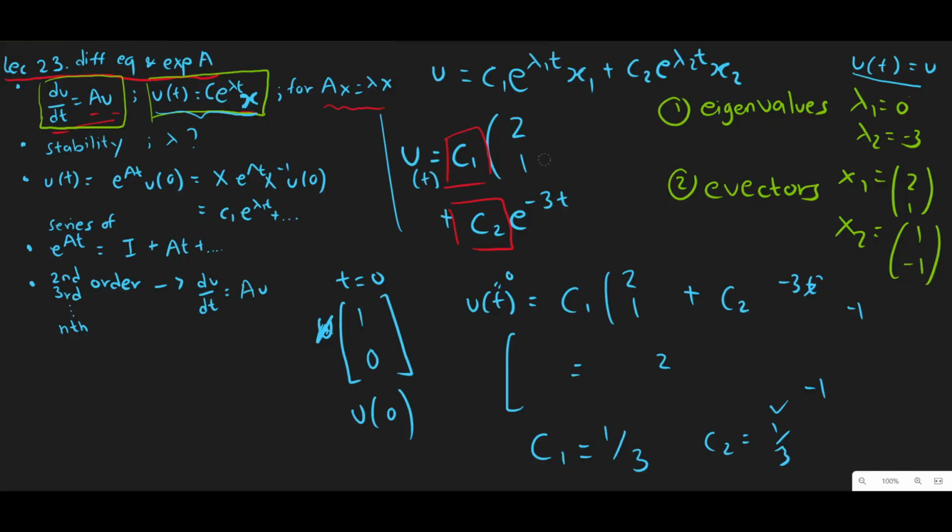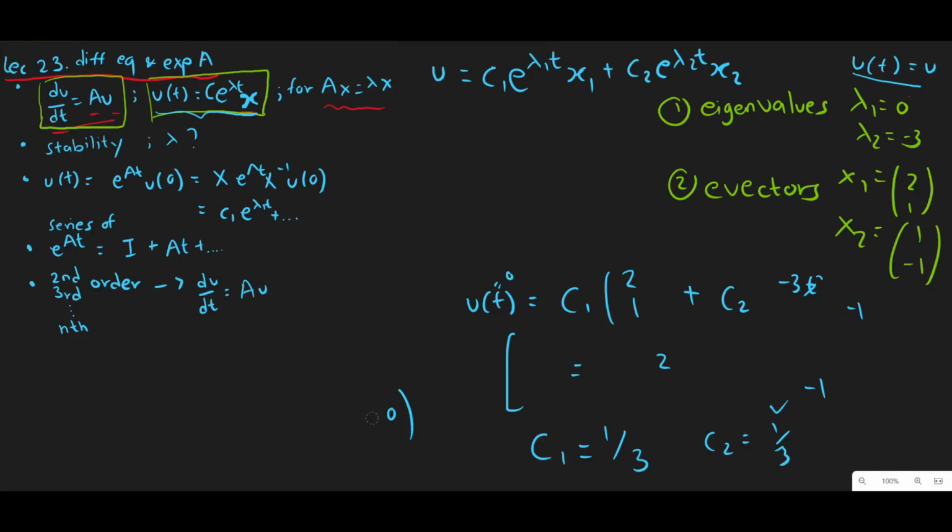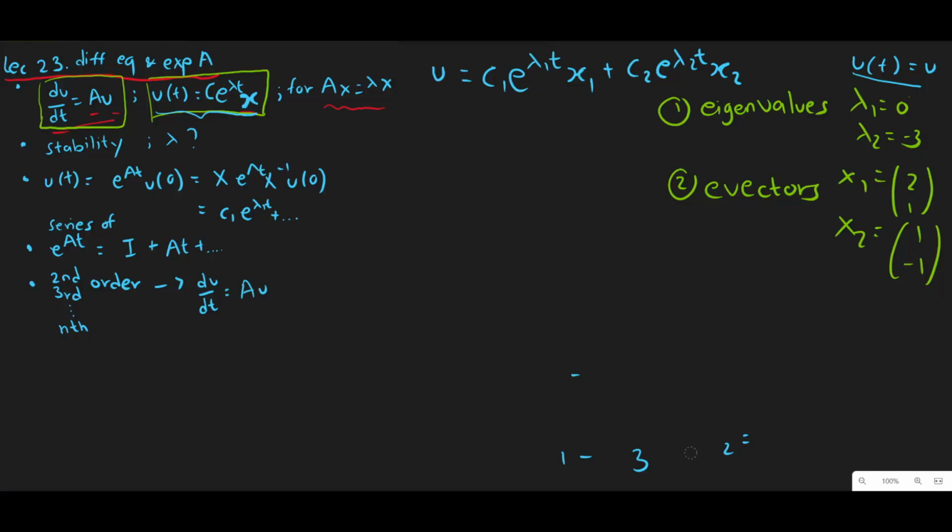So let me delete this one right here, that one. Okay, now our u(t) is the following. u(t) is the 1/3, which we got here. I'm sorry, let me write it down. c1 is 1/3, and c2 is also 2/3.